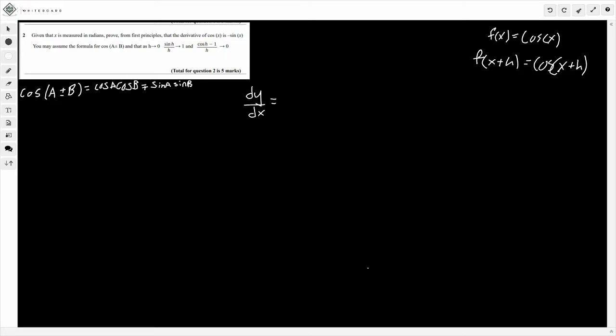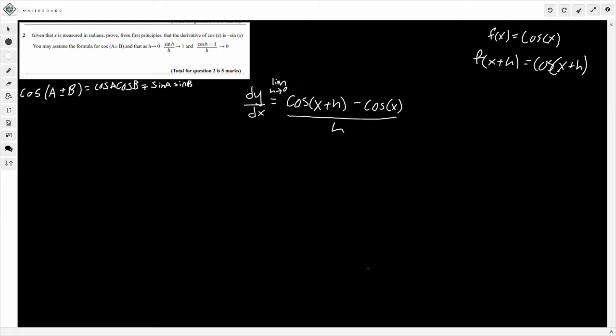So if we write that down using what we've got, that's going to be cos(x plus h) minus cos x, because this is your f(x), and this is all divided by h. What I should have done is written down the limit. So above, the limit as h tends to 0. That's what we're looking at: when h tends to 0, what is the limit of this? So that's the first line of working.